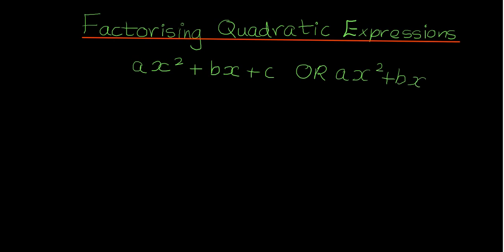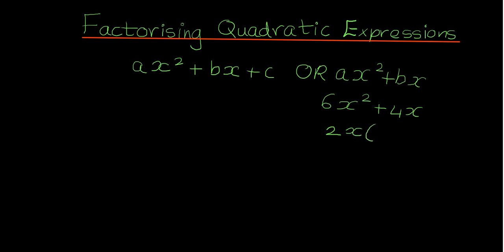So you could have a quadratic expression like 6x squared plus 4x. If you were to factorize this quadratic expression, you would do normal factorization. So you would look at the highest common factor of the numbers, which is the largest times table in which the numbers 6 and 4 come in, that is the number 2, and the highest common factor of the letters would be just x.